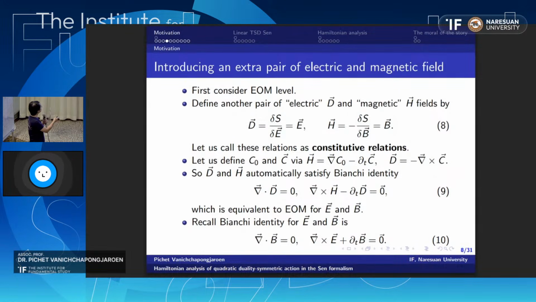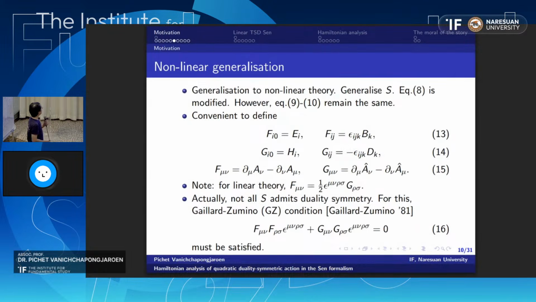the constitutive relations are going to be modified, but the Bianchi identities are going to remain the same. It is convenient to define F_{μν} and G_{μν}, along with A and Â.